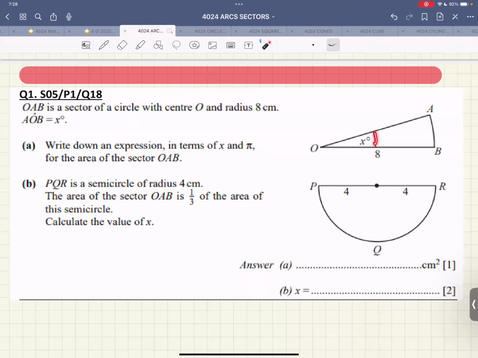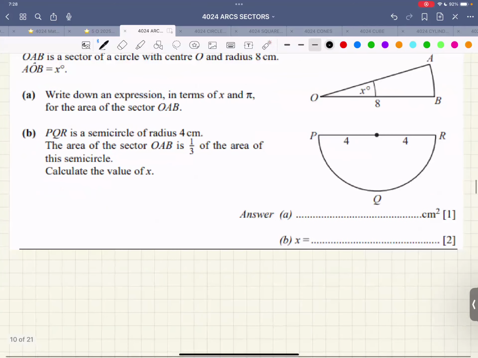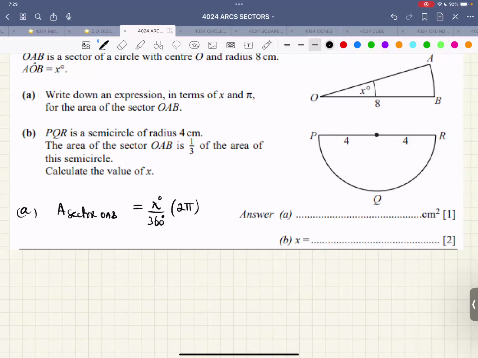So now the angle is not theta, it's x. So first of all, area of sector OAB, that's how you write it. That is x degrees divided by 360 degrees into pi into r squared. Instead of r, write 8.